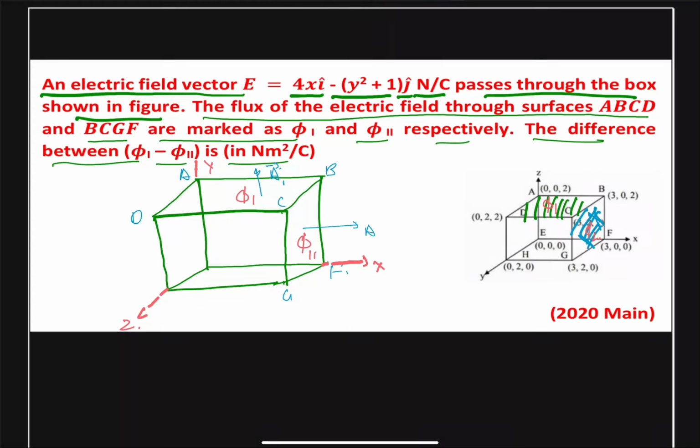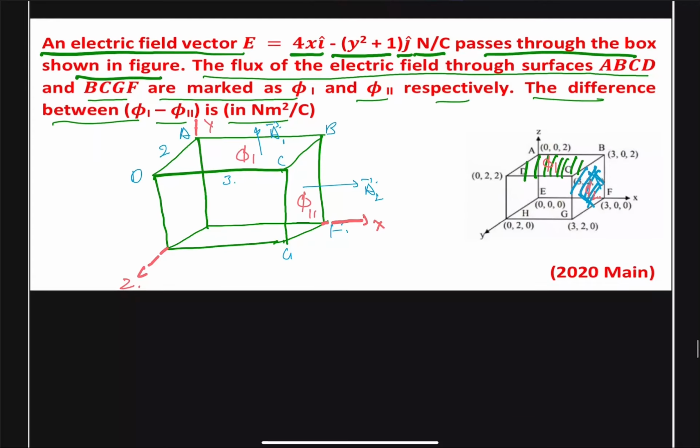And in terms of magnitude, because we need to find out the flux, we need the sides. Okay, so our AD will be 2 units and our DC will be 3 units. Therefore we can write that for ABCD, our area vector A1 will be equal to A, and let us suppose there is n unit vector, n1 unit vector, and this is our A1.